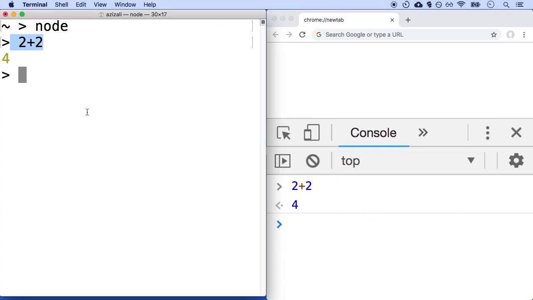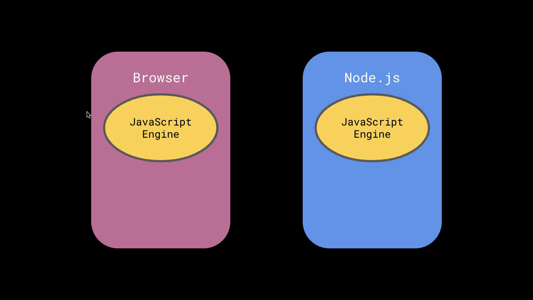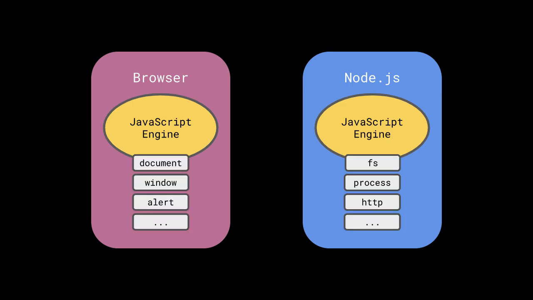Now, another big piece we need to understand is why Node.js is around and why we need a Node.js environment of JavaScript versus a browser-based environment. This information I'm about to tell you will give you the breakthrough. A browser is a specialized piece of software which gives us access to additional features. We have something like an HTML document that we have access to.